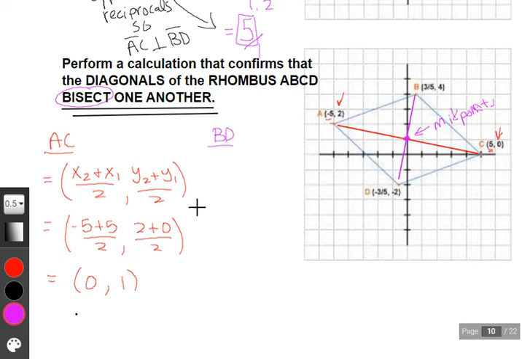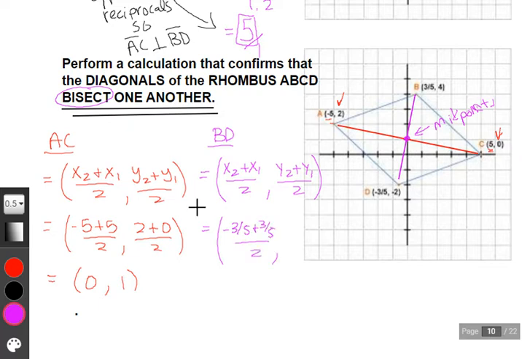Okay, so we'll repeat that for BD. We add the x's together, so we have -3/5 plus 3/5, then divide that result by 2.